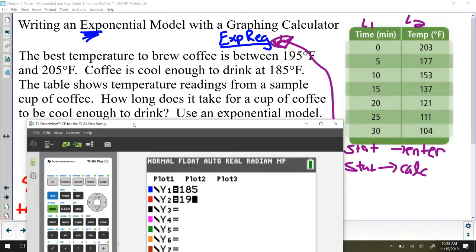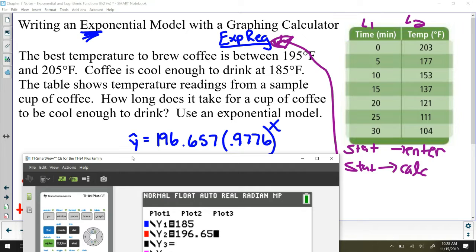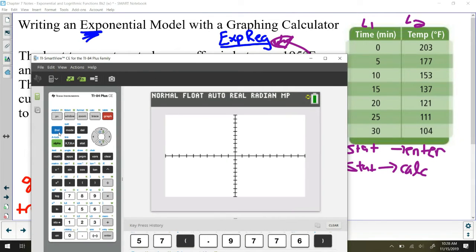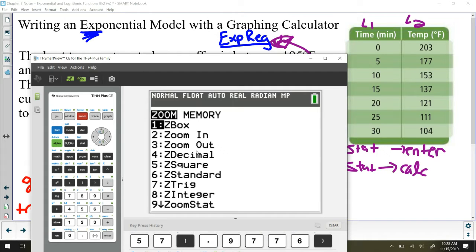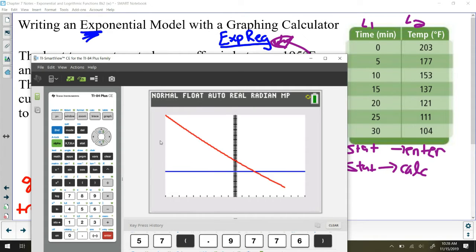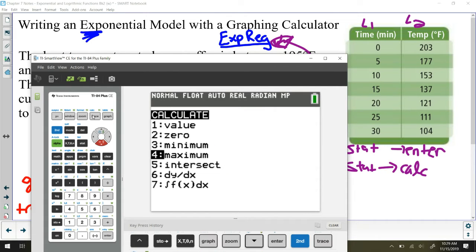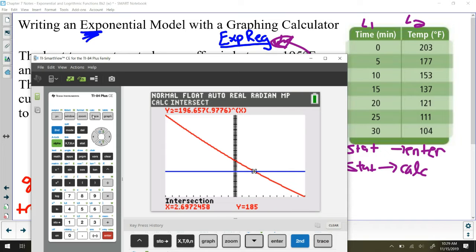And we had 196.657. All the power of x, graph, zoom, you have to do the fit, second trace, intersect, first curve, second curve, enter, 2.697.